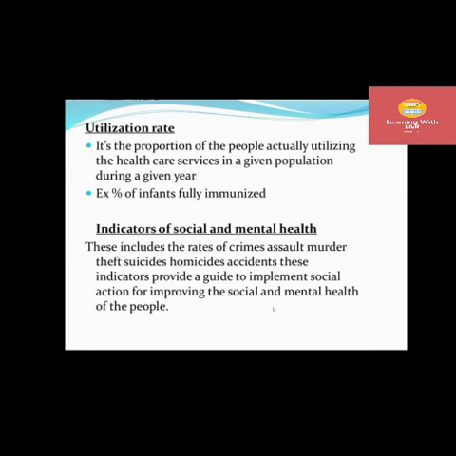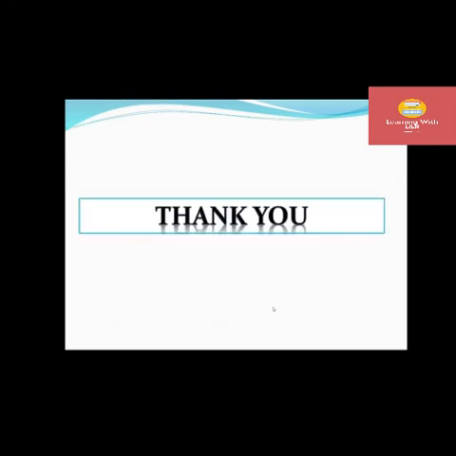Indicators of social and mental health include the rates of crimes, assault, murder, theft, suicides, homicides, accidents. These indicators provide a guide to implement social action for improving the social and mental health of the people.